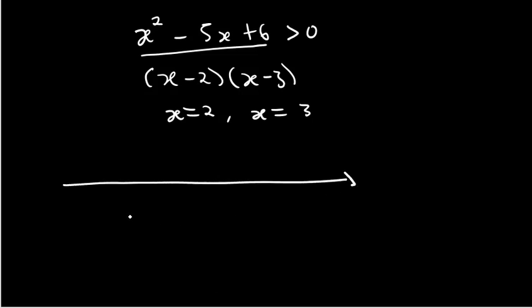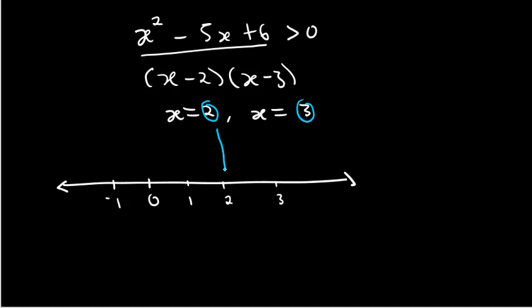So let's assume that this is our number line. We have a 0 here. Let's say we have a negative 1. We have 1. We have 2. Let's say we have 3 also here. So what we are going to do is we are going to draw two vertical lines to pass through the two main values here, that is x being equal to 2 and then x being equal to 3, to get the three main parts there.